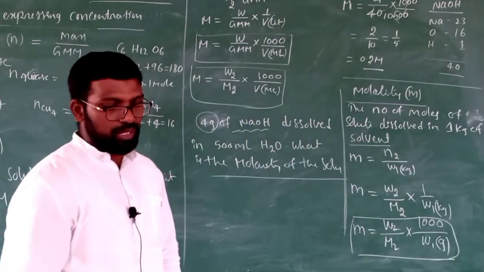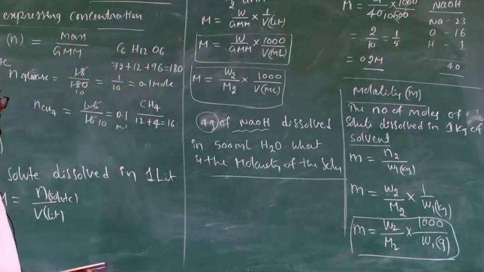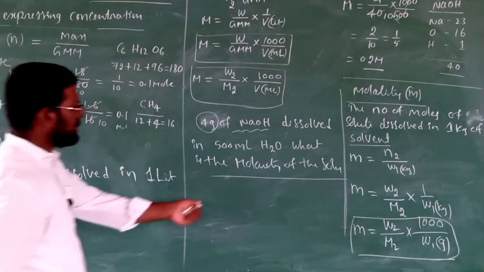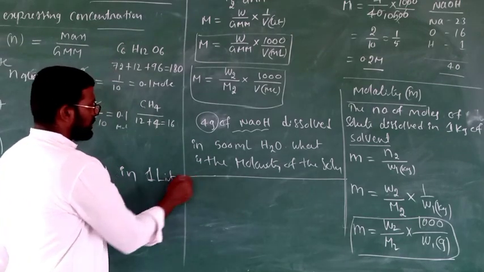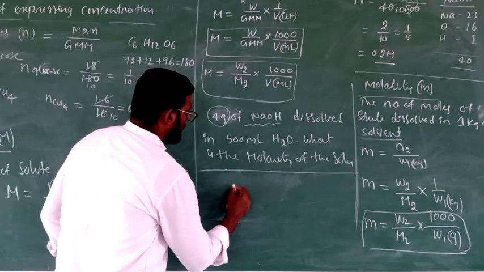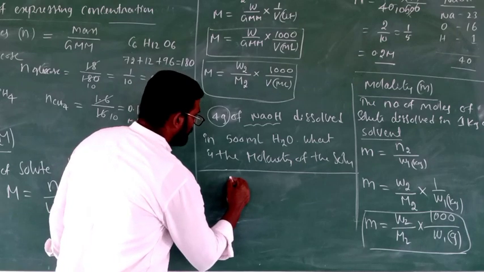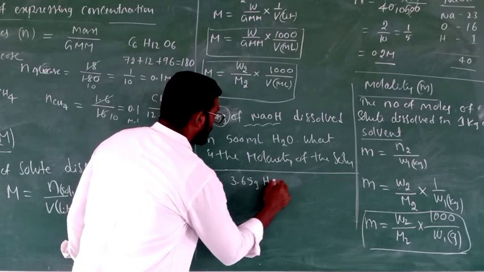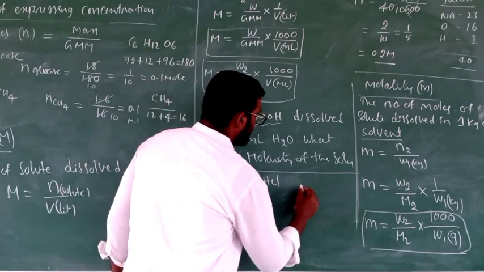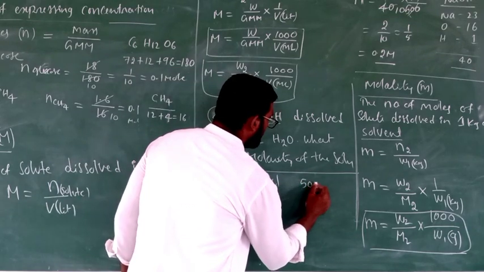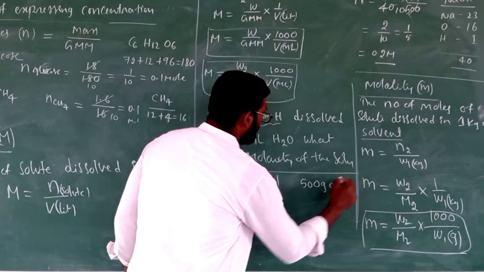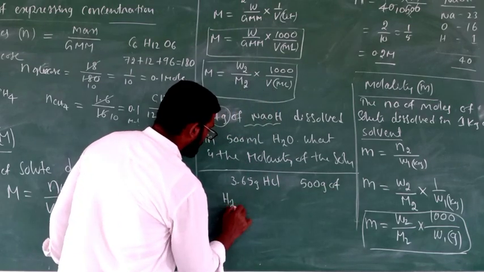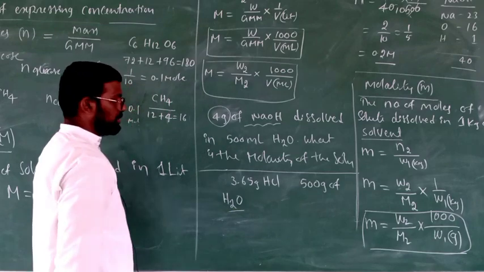To understand this formula better, let us take one small example. Calculate the molality of hydrochloric acid solution in which 3.65 grams of hydrochloric acid is dissolved in 500 grams of water. Water means solvent here.